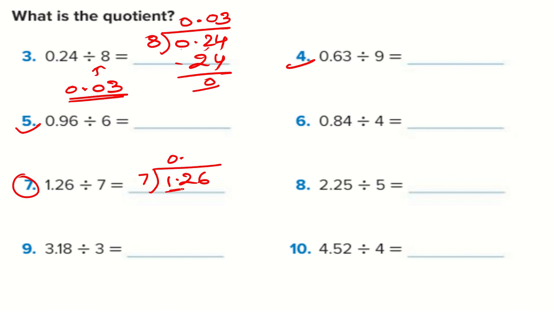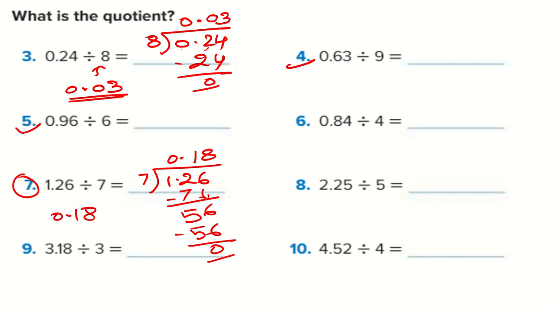Now you will take 12. Now 12 and 7. How many groups of 7 can you make into 12? Just one group. So 7 goes down, and here 12 minus 7 is 5, and then 6 comes down as it is, and 56 divided by 7 is 8. It means how many groups of 7 can you make into 56? 8 groups. So minus here, 0. So what's the answer?